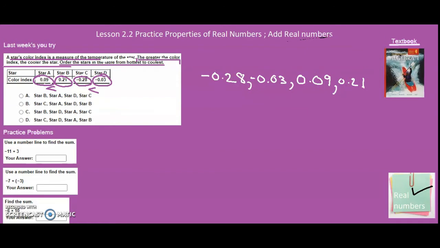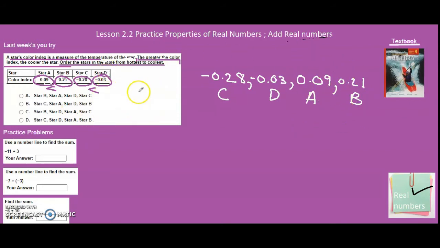Since it tells us to order the stars, let's write the letters of the stars. So C is hottest, then we have D, then we have A, and finally we have B, which is the coolest star of all of them.